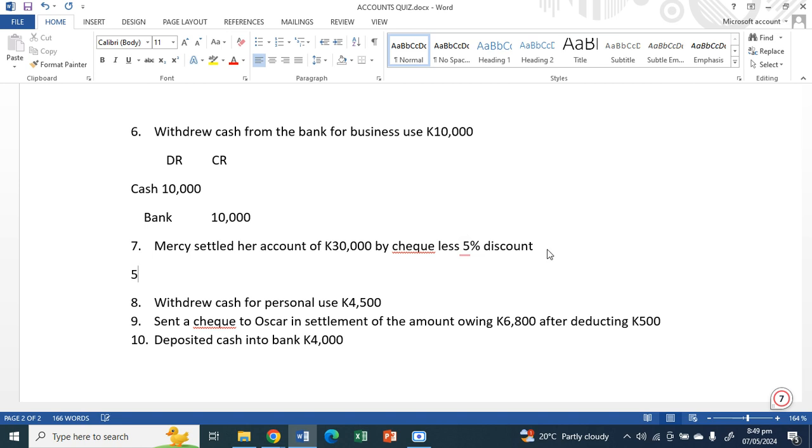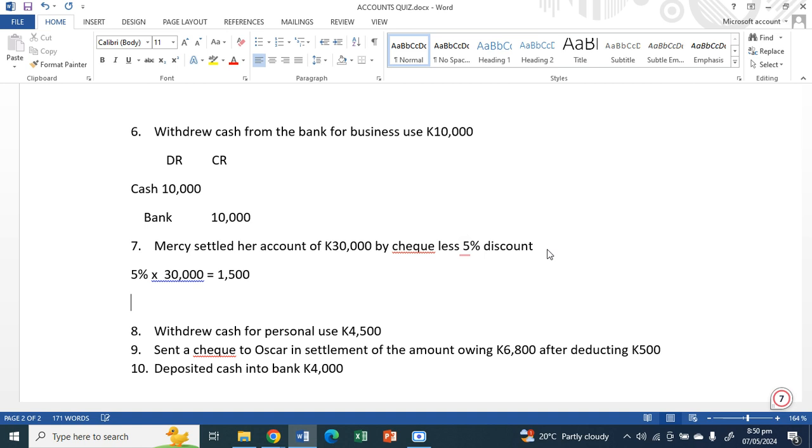So let's find 5% of 30,000. 1,500. So she's paying us 30,000 less 1,500. So let's find out how much she is paying us. So this is the discount.